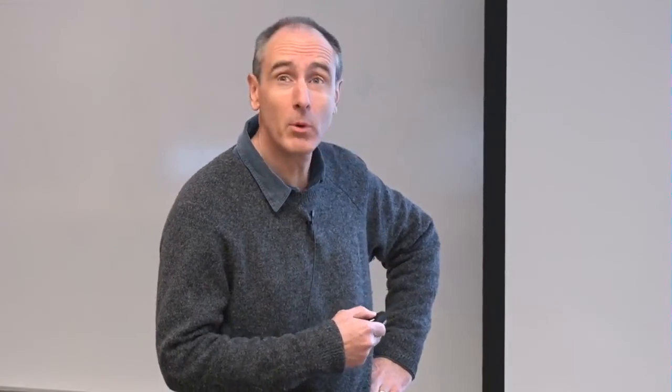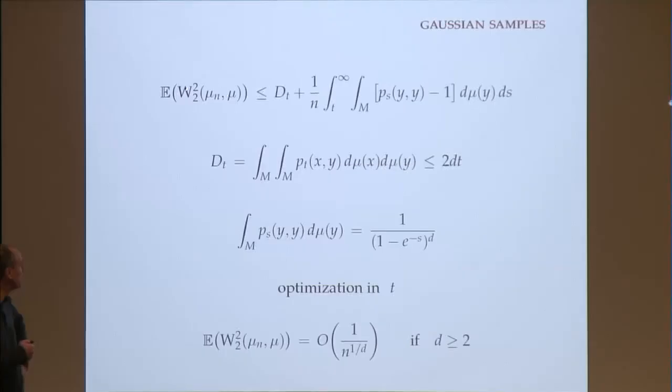Is there some distributional result? You're doing the mean. Is there a central limit theorem? There are central limit theorems. When you recenter, there is a central limit theorem. This is a recent paper by Del Barrio and Loubes. They prove a central limit theorem for W2, or probably also Wp, but W2 squared minus its expectation goes to a Gaussian.